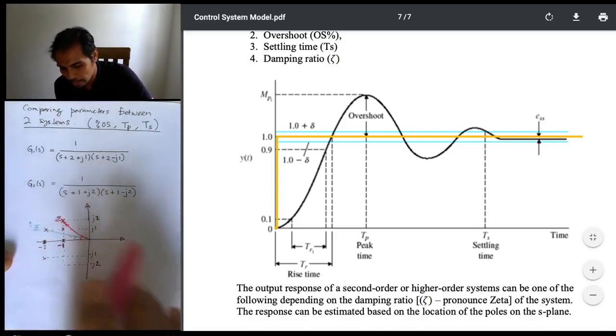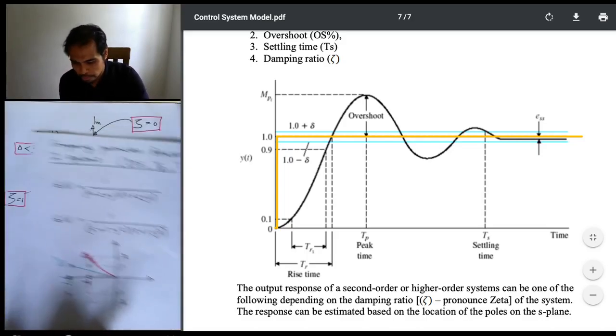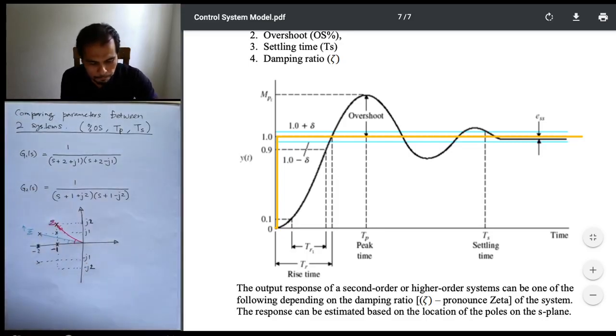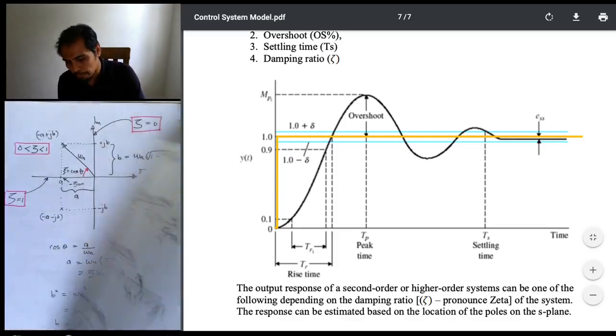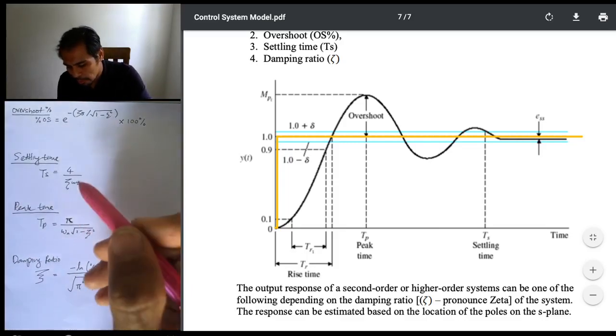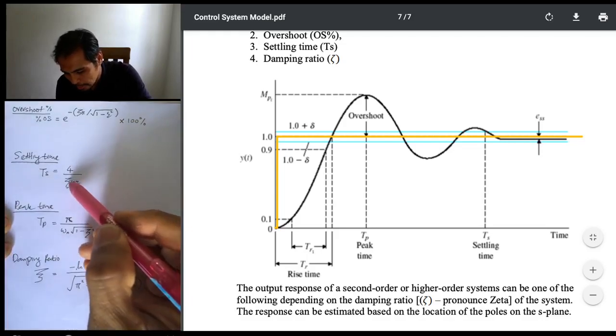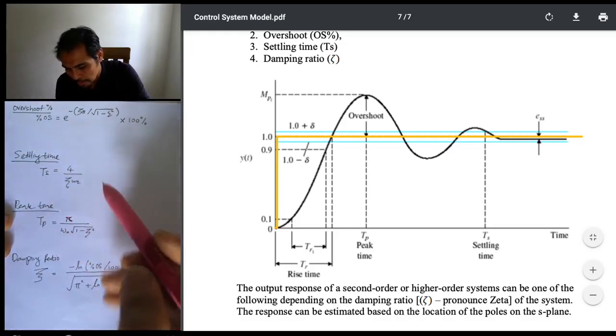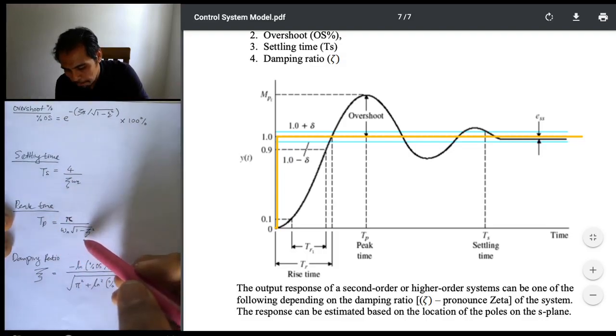As a result, if you refer to the formula, if zeta is higher, Ts is lower, and Tp is higher.